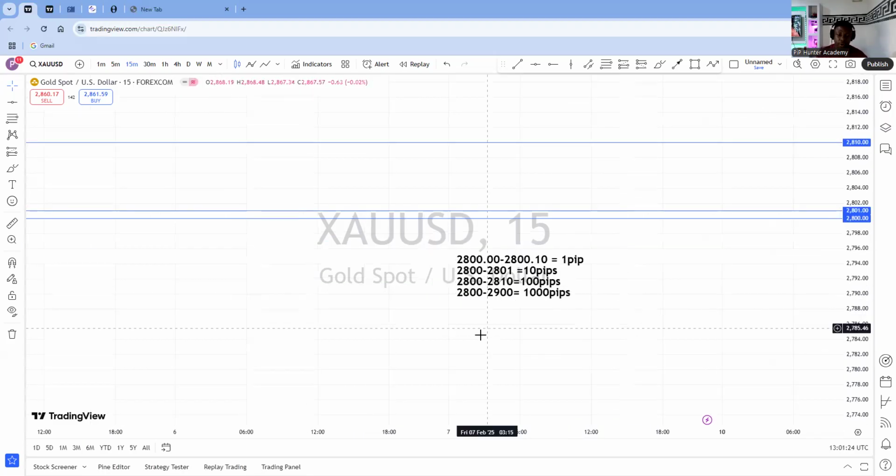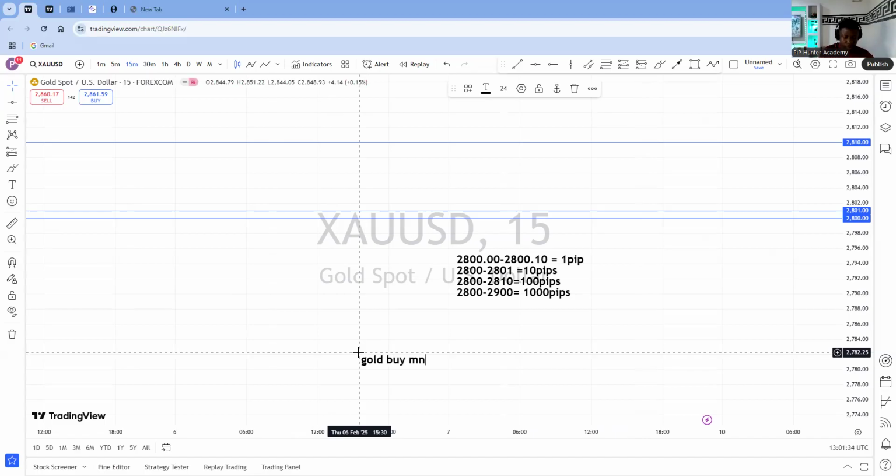Okay. So if I tell you gold buy now, and I give you 2825 to 2822, SL 2820, TP1 2828, TP2 2832, and final TP 2840.